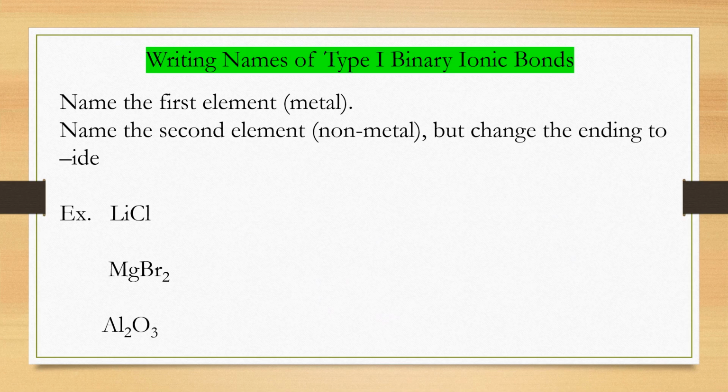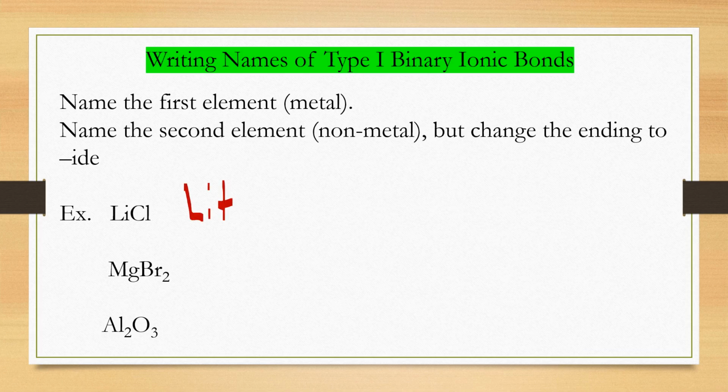Naming, let's talk about that. First of all, you name your first element, the metal. Then you name your second element, the nonmetal, but you change the ending to "ide." So have your periodic table, and let's look at this compound right here. We know it's an ionic formula because it has lithium, a metal, and chlorine, a nonmetal. So we simply write it out.